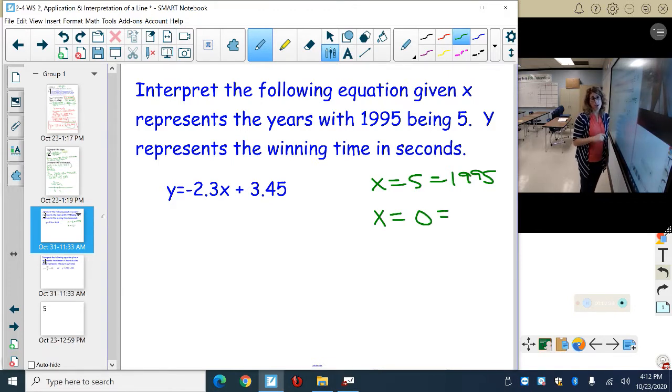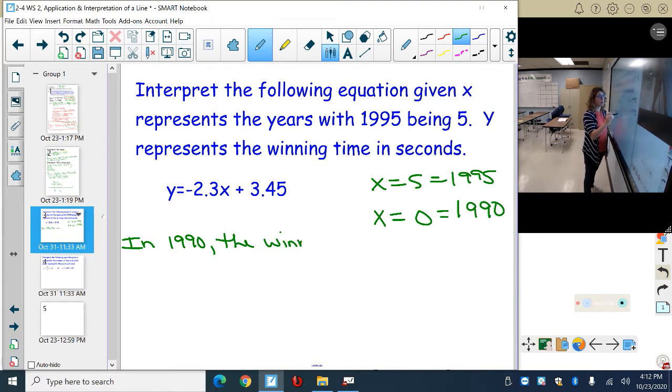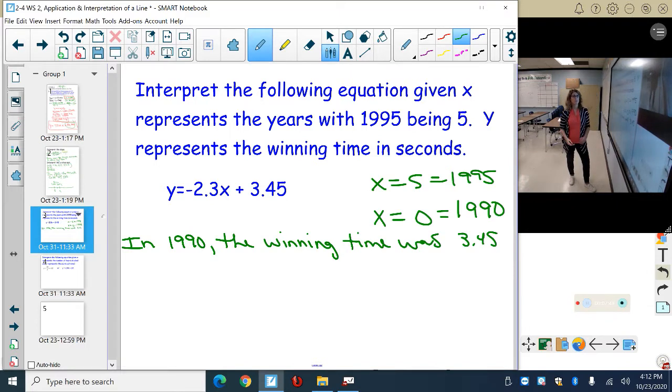Because 0 is our y-intercept. Well, x equals 0 is going to be 5 years before that, which is going to be 1990. So my y-intercept, in 1990, the winning time was 3:45. Okay?